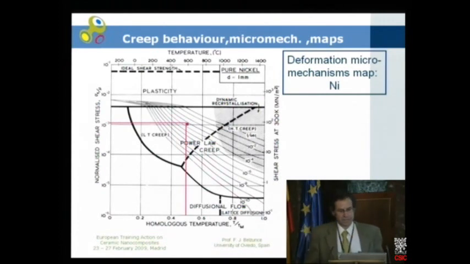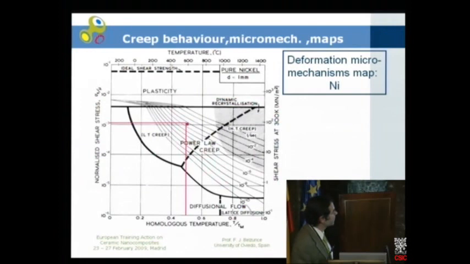Let me introduce now very briefly the micromechanism maps, which are very interesting in order to develop new high temperature materials. Let's explain that with an example. This is the map corresponding to pure nickel. In this map, we put in the vertical axis the applied stress over the elastic modulus.